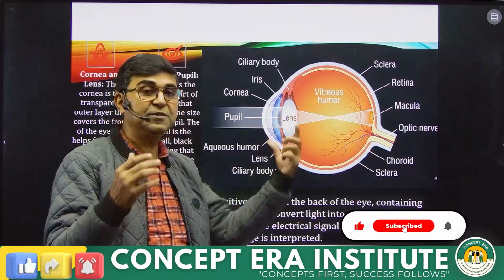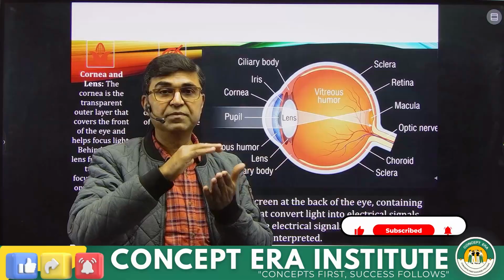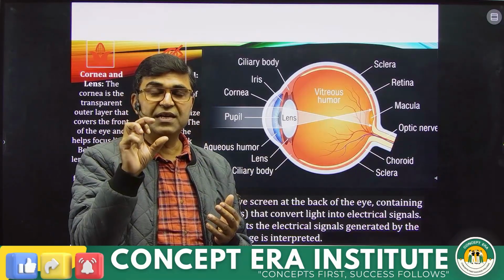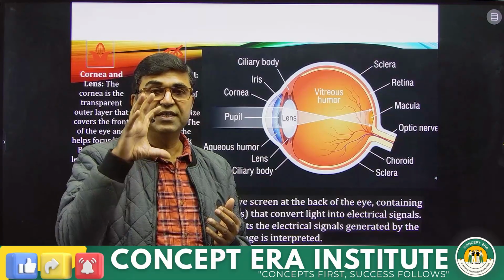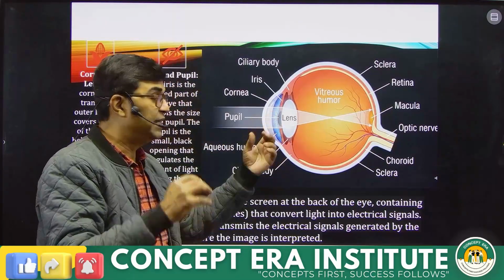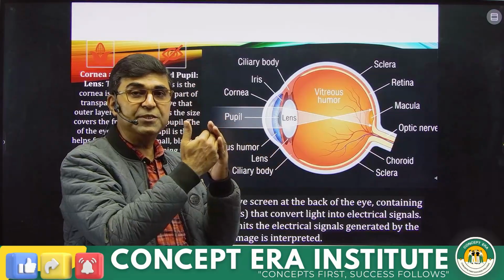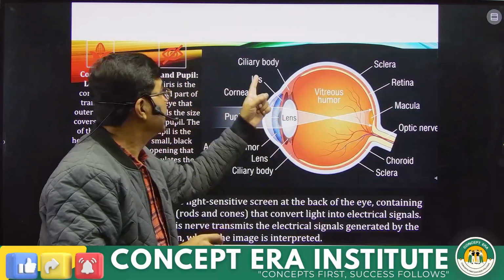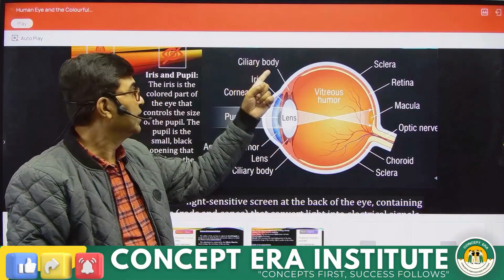Because this lens is flexible around the border, around the outer edges, and slightly inflexible or rigid in the middle portion. And that lens is held in its place by a circular band of muscles known as ciliary muscles or the ciliary body.